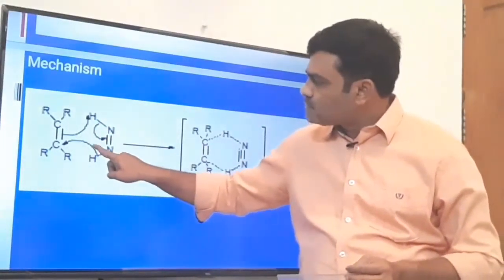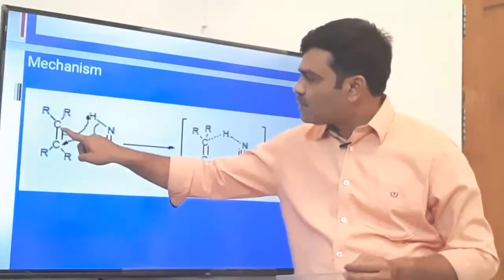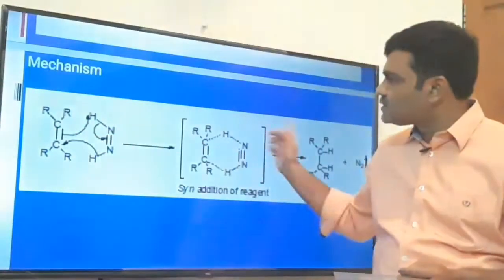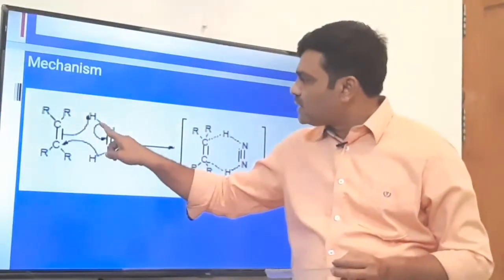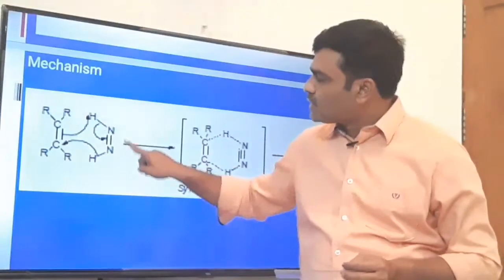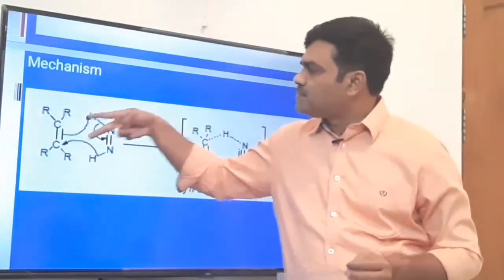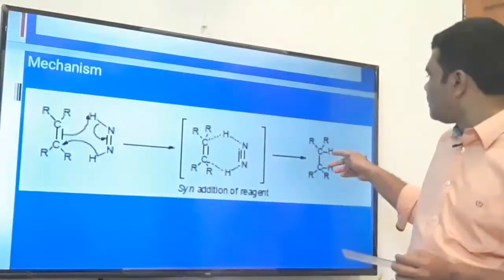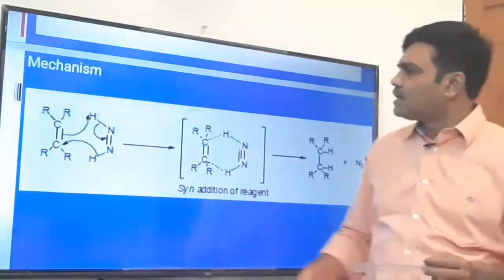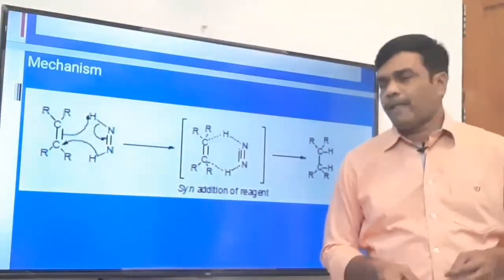Of course, this double bond will now convert to single bond. This bond cleavage, and there is a formation of N triple bond N. So ultimately N triple bond N, that is nitrogen gas, is evolved, and these two hydrogens have been added across the carbon-carbon double bond from the same side, and ultimately the alkene is converted to alkane.